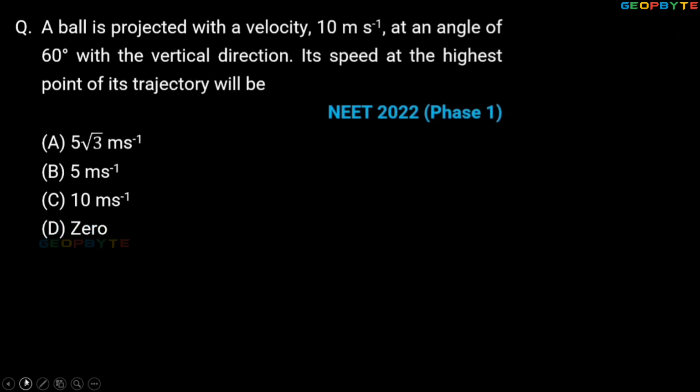Look at the screen. It is asking like this. A ball is projected with a velocity 10 meter per second at an angle 60 degrees with the vertical, not with the horizontal.